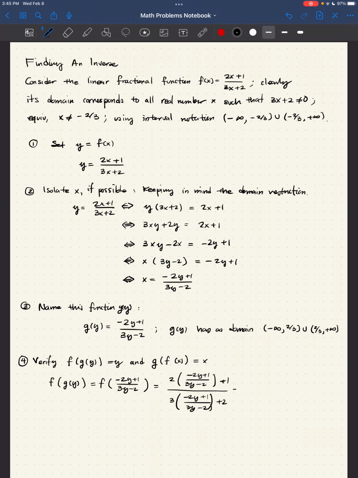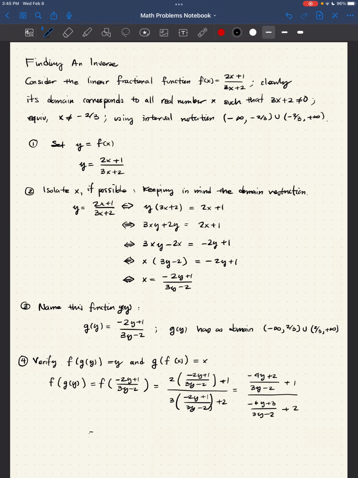Of course, we can simplify this in the following terms. We have negative 4y plus 2 over 3y minus 2, all of this plus 1, divided by negative 6y plus 3 over 3y minus 2, all of this plus 2.